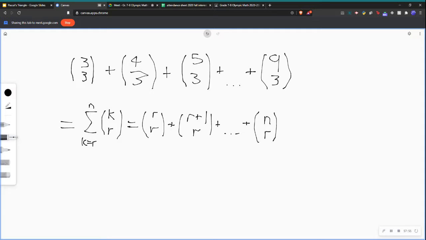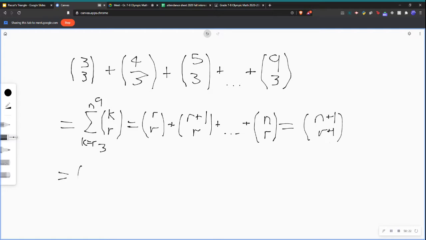So you'll notice that this looks really similar to this, and you can figure out what n and r are equal to. n would be 9, the last term here. r is just the bottom number, which is 3. And remember that this expression is equal to n+1 choose r+1.